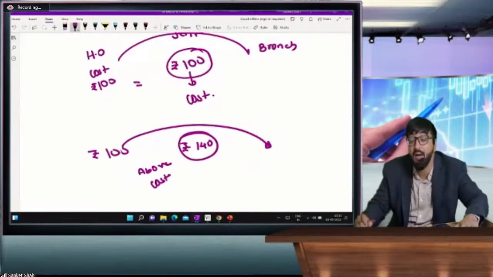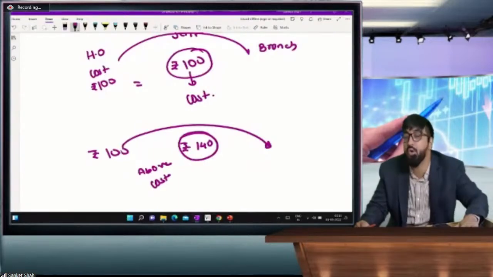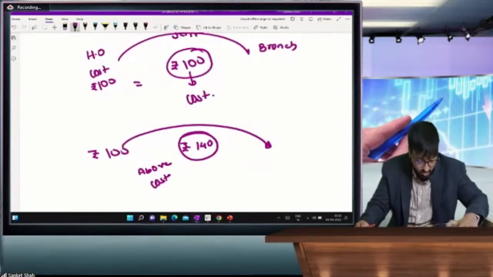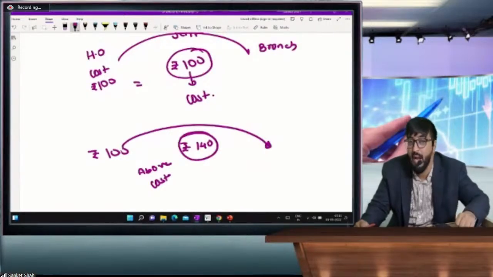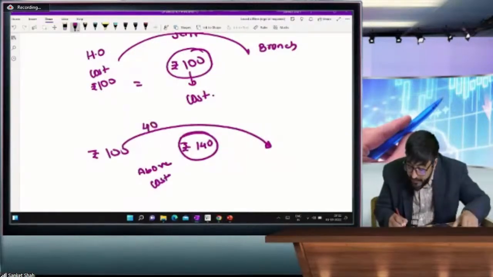And why is head office doing all these activities? Because they don't want to disclose the cost to branch. Okay, profit will be same, and why profit will be same, we are going to understand in the illustration part. We are going to cancel this unrealized profit. This 40 rupees is called as unrealized.